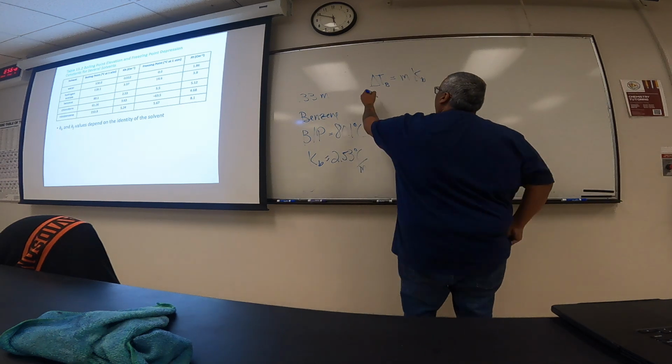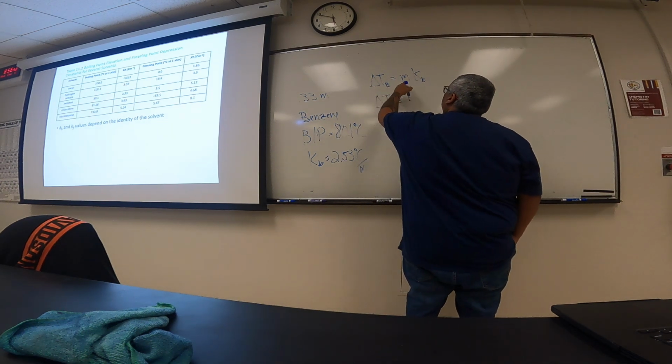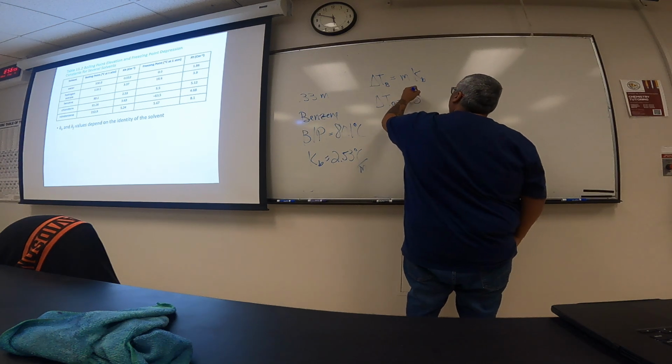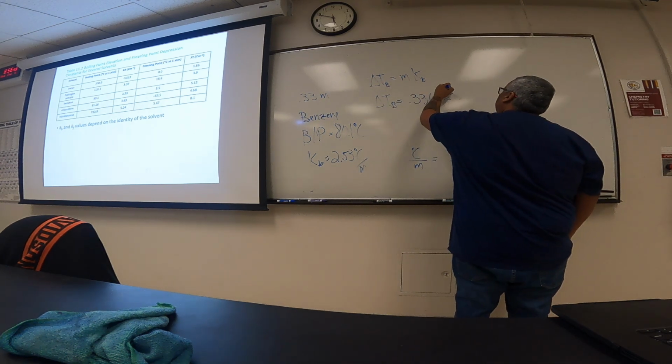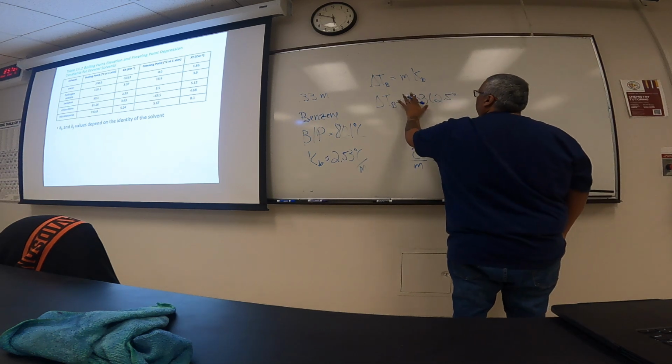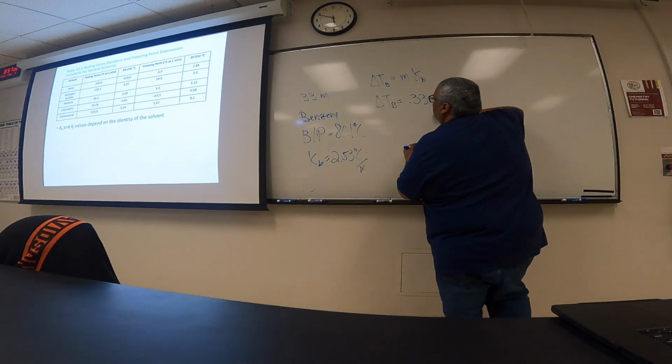But now that we know those values, 0.33 times 2.53, and let me get these units correct here so we can cancel them out.